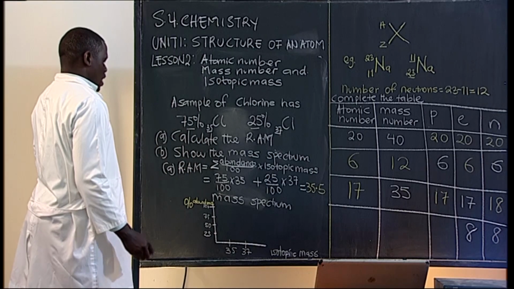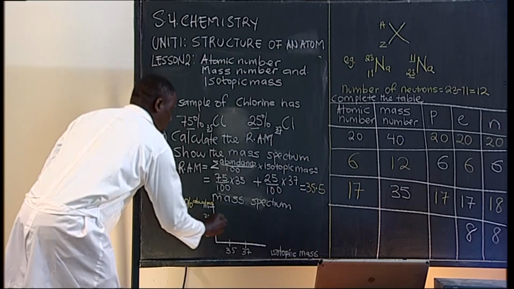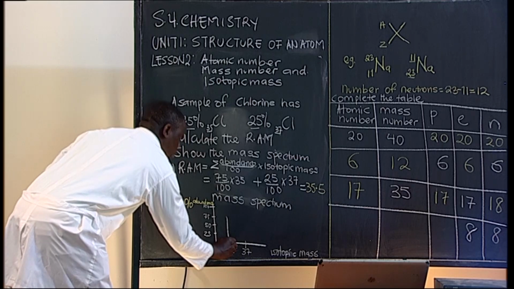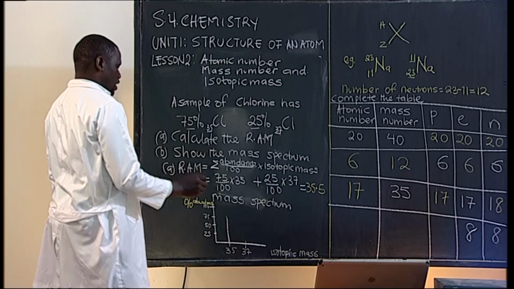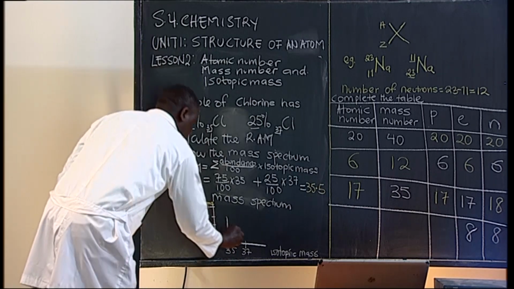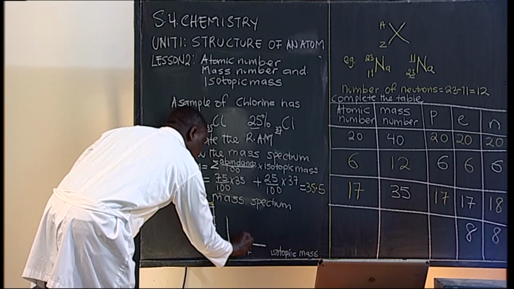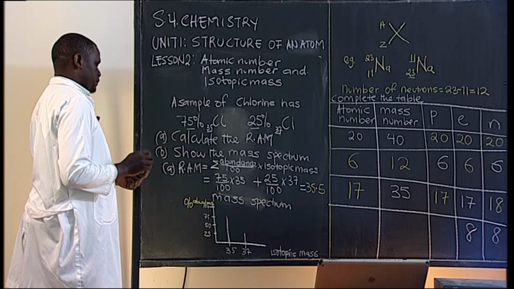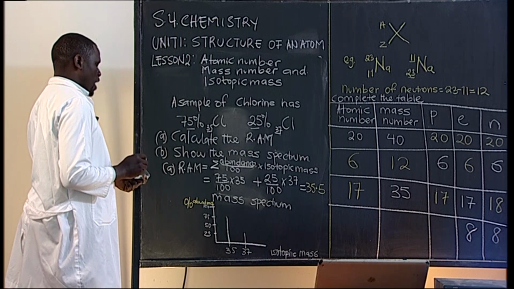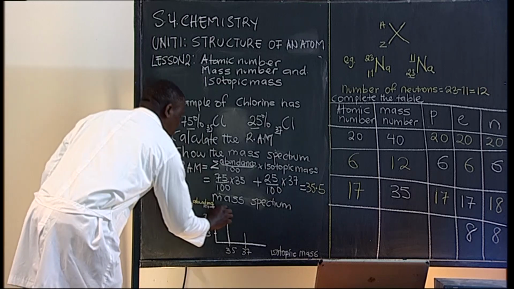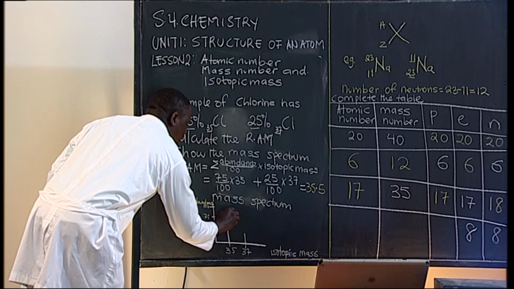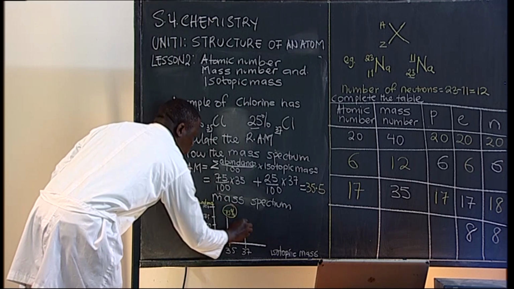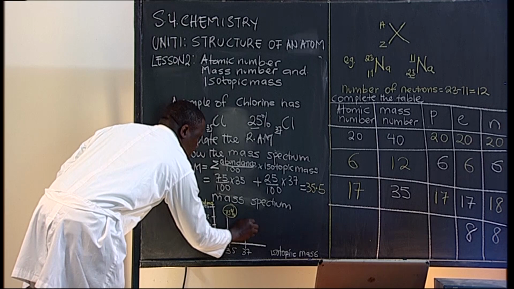So from there, our chlorine 35 is 75%. So we do like that. And our chlorine 37 is 25 percent. So here we can even put 75% to make it look nice, and here 25 percent.